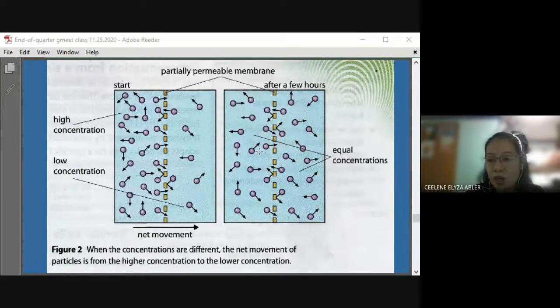Remember, what you will be describing for the laboratory setup for osmosis is the movement of your water molecules. So, you have an after diagram. So, two diagrams are required for your osmosis.